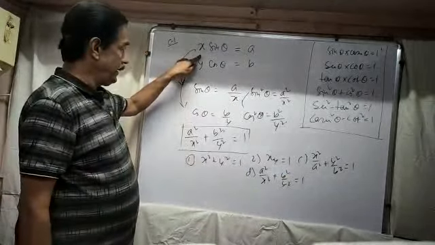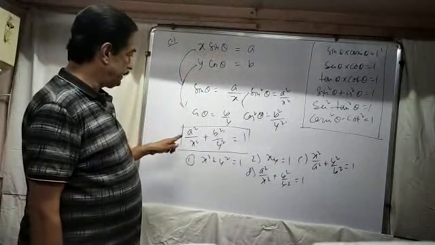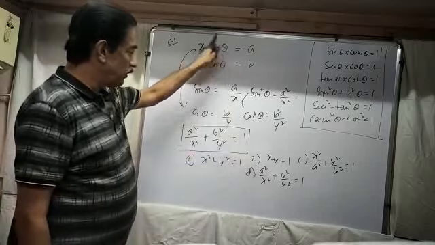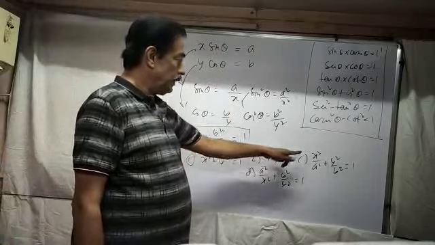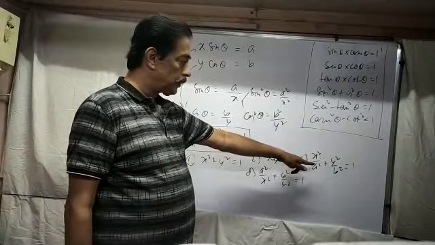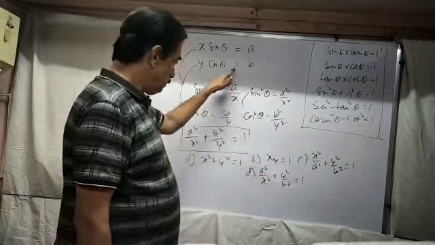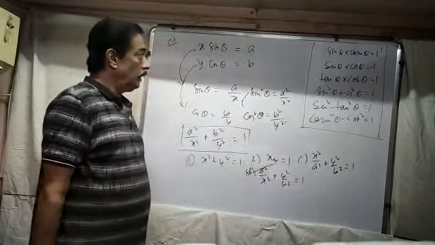If they are giving x sin theta equal to a, y cos theta equal to b, which equation do these two equations satisfy? By elimination, your result will be D, option D.